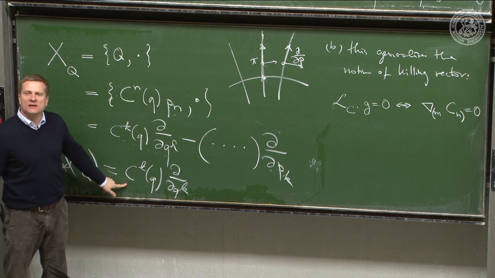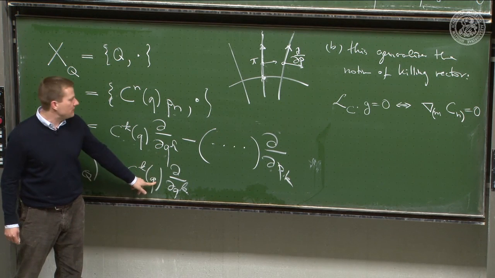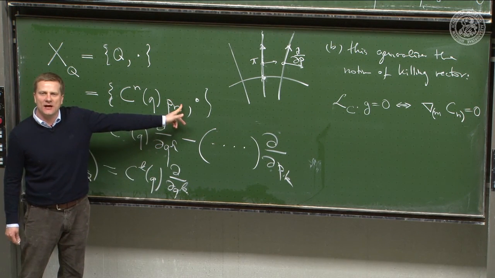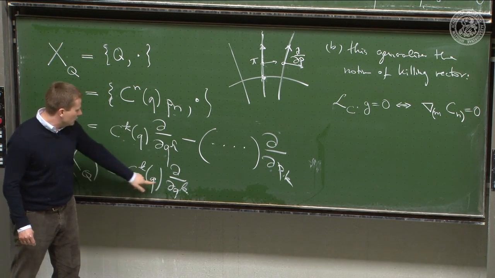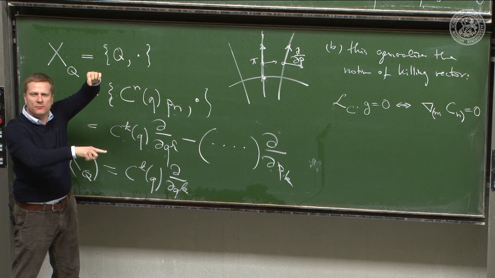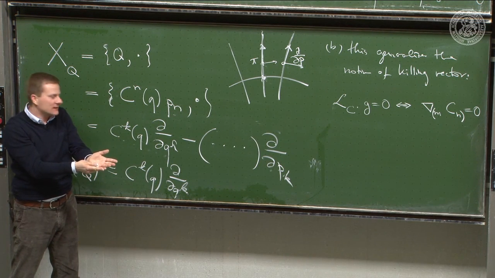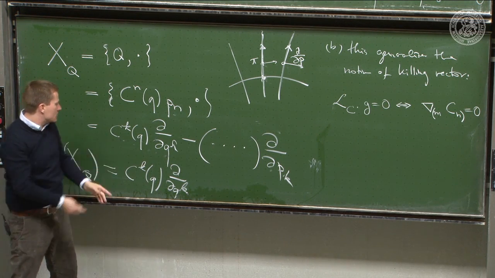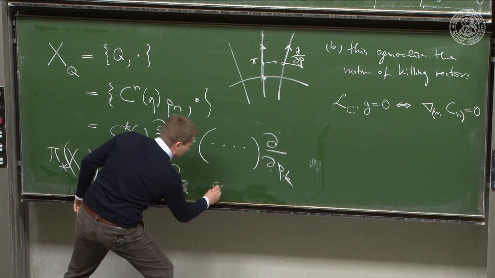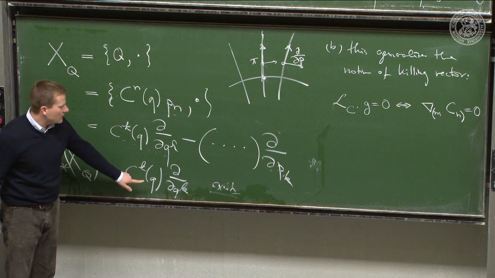And therefore, it's well defined. If what stands here still depended on the p's, for instance, if this had been quadratic or higher, then for everywhere else you are in the fiber, you would get a different vector field to push down, so you don't get a vector field. It would be multi-valued.